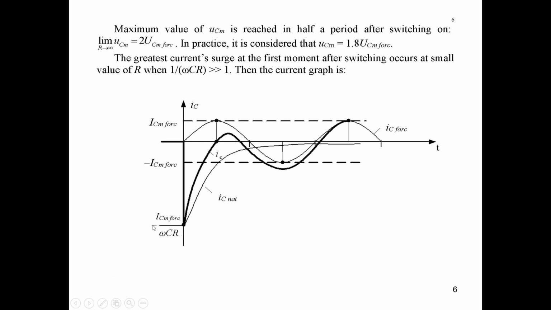It's equal to minus 1 minus iC maximum forced over omega CR, and it may be much bigger than iC maximum forced.